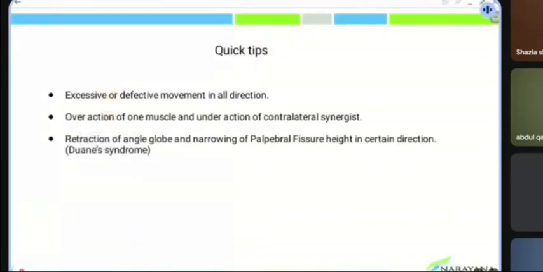Mostly it will be abducting, adducting, or a mix of abducting and adducting muscles. At that point, there will be a narrowing of the palpebral fissure height in certain directions. This gives rise to the idea of Duane syndrome, the lid retraction Duane syndrome, as we used to call it.